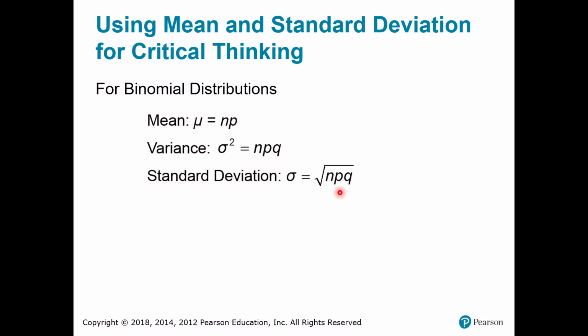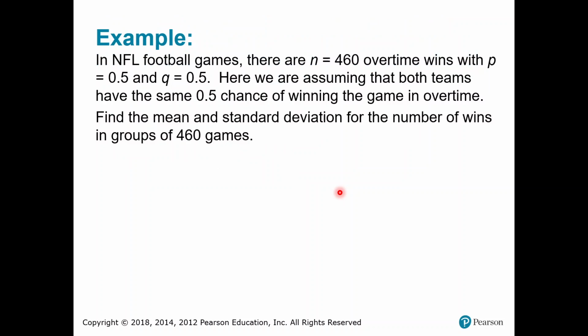Now let's look at an example. In NFL football games, there are 460 overtime wins with P equal 0.5 and Q equal 0.5. Here we're assuming that both teams have the same chance of winning the game.